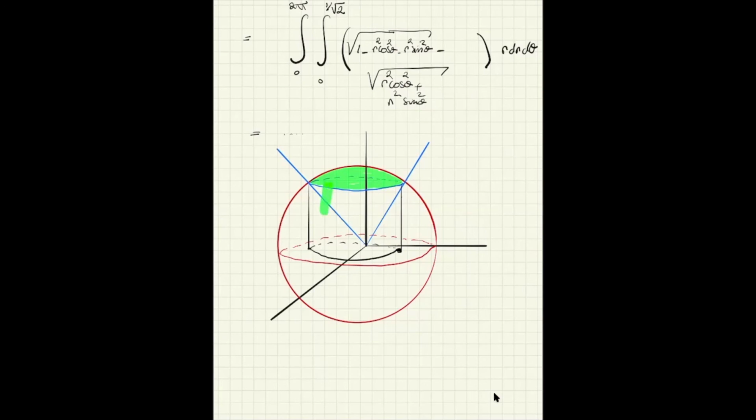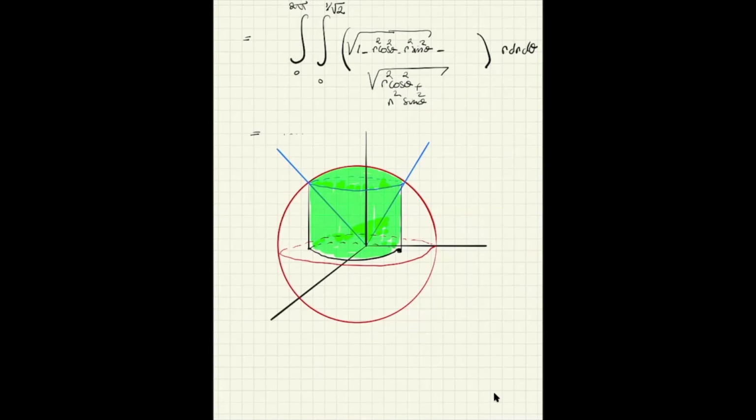So what we did is we took this, let me change the color again. We took this volume here, right? That's the volume we took. And then we subtracted this volume from the volume under the cone.